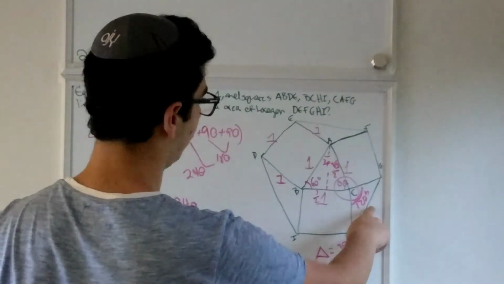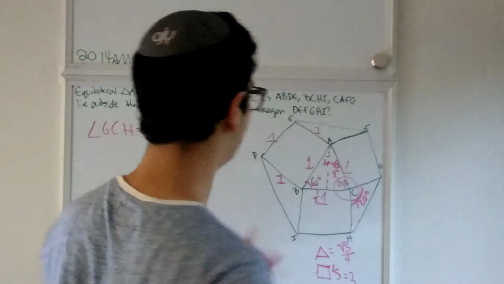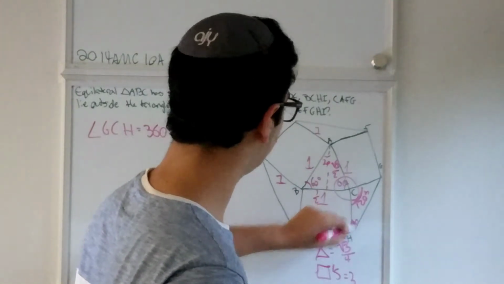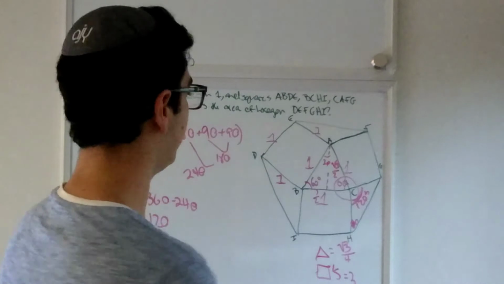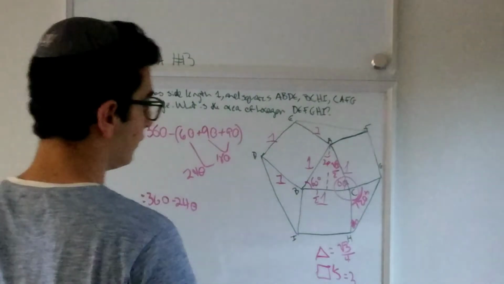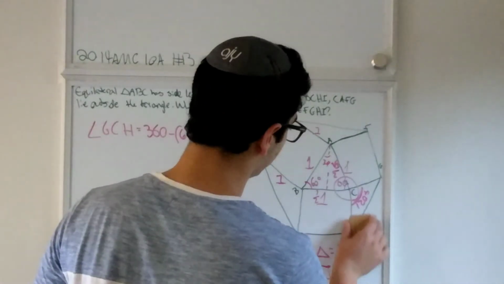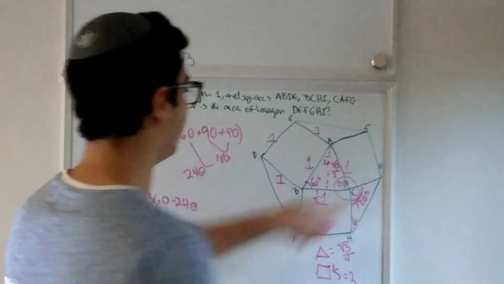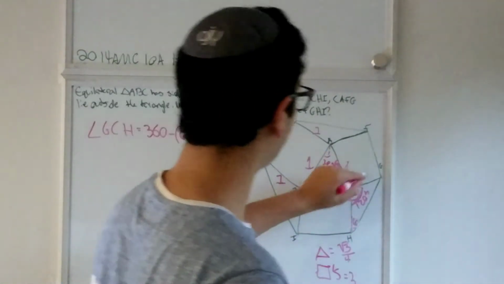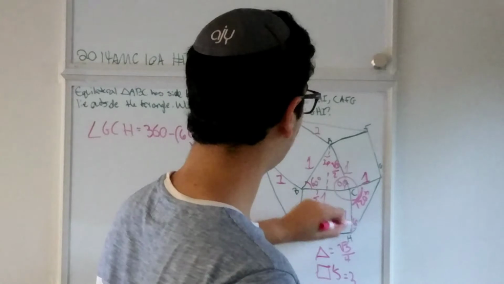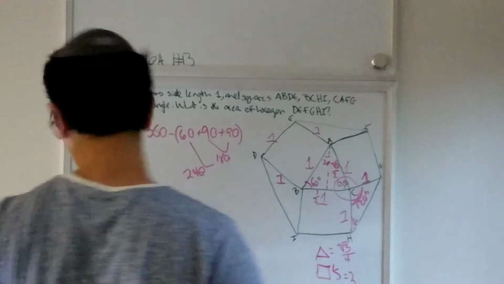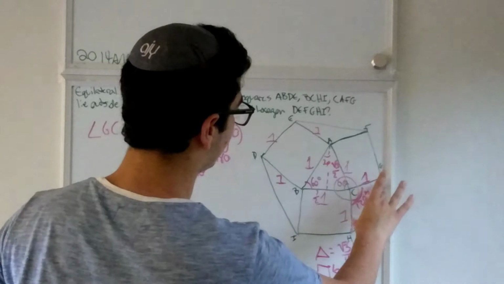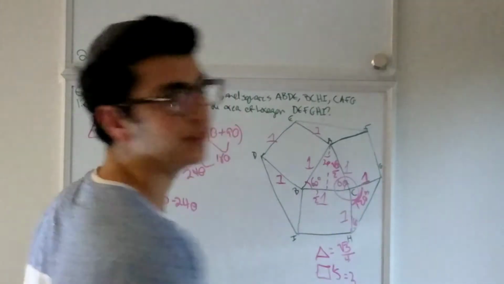And these also have to be symmetric, since everything else is so symmetric. Since the lengths correspond to the angles and the lengths are the same, the angles are also going to be the same. So since this length is 1 and this length is also 1, these two angles are going to be the same.